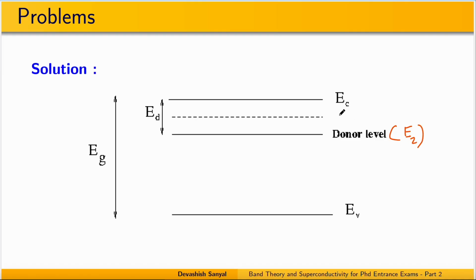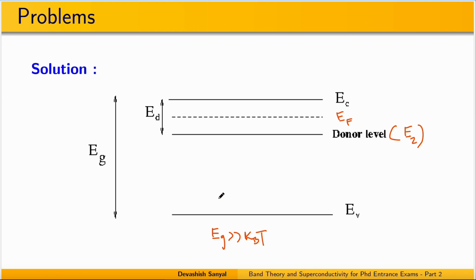Then you have the Fermi energy EF, and then we have this lower edge of the conduction band. So this is Eg, which is much greater than kBT.